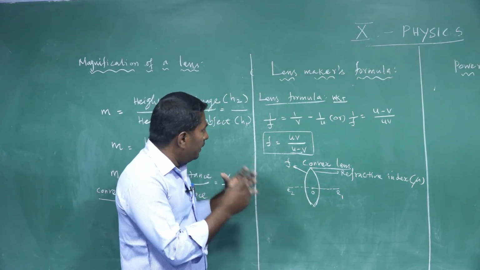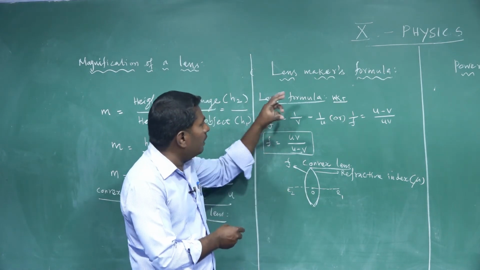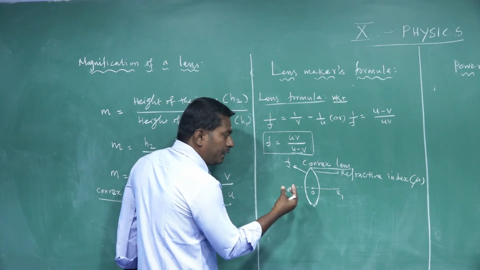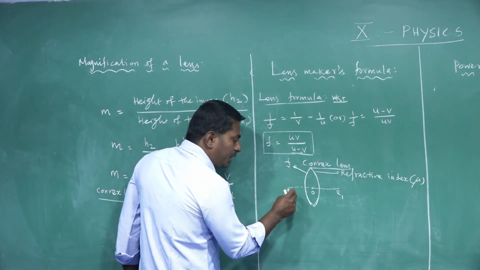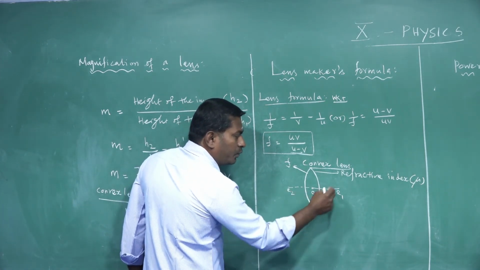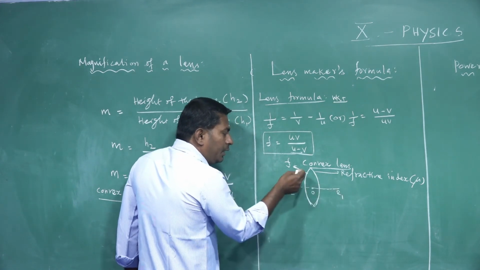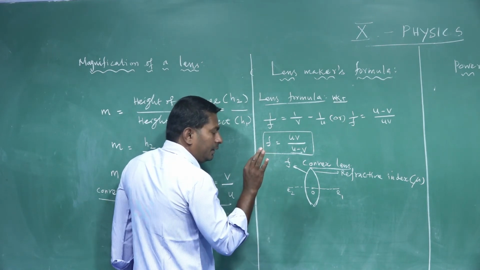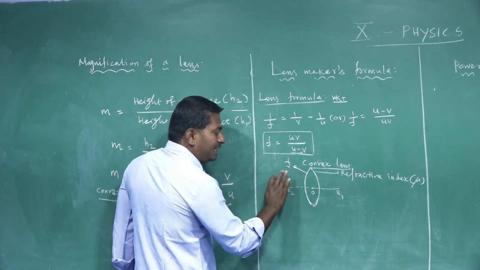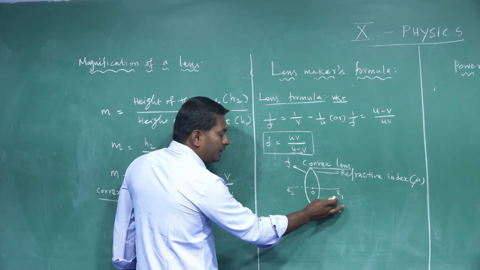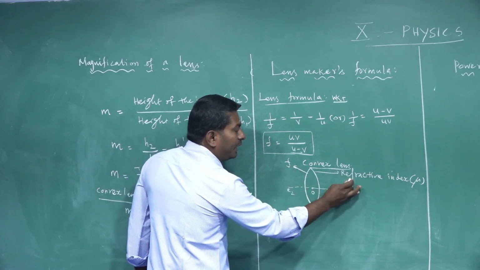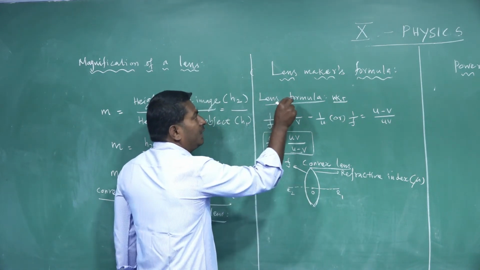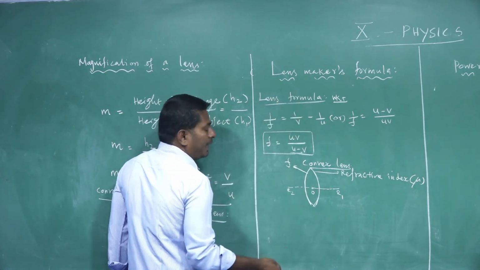That formula is called the lens maker's formula, because the maker knows the radii of curvature R1 and R2 and the refractive index, and then gets a proper focal length of this convex lens. The equation relates the radii of curvature, the focal length and the refractive index. That equation is called the lens maker's formula.